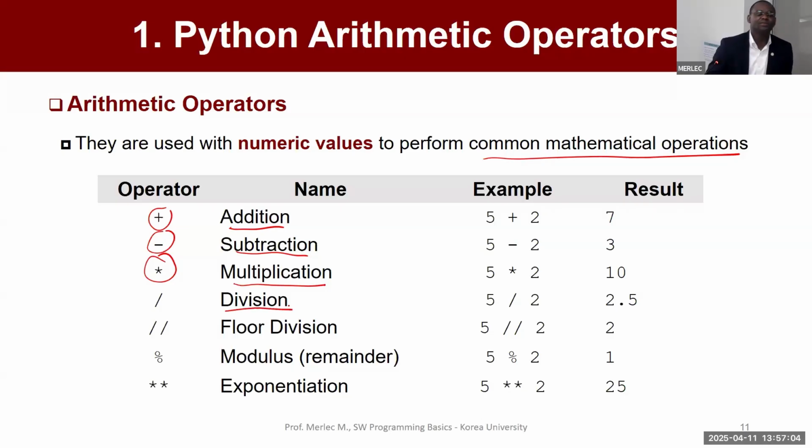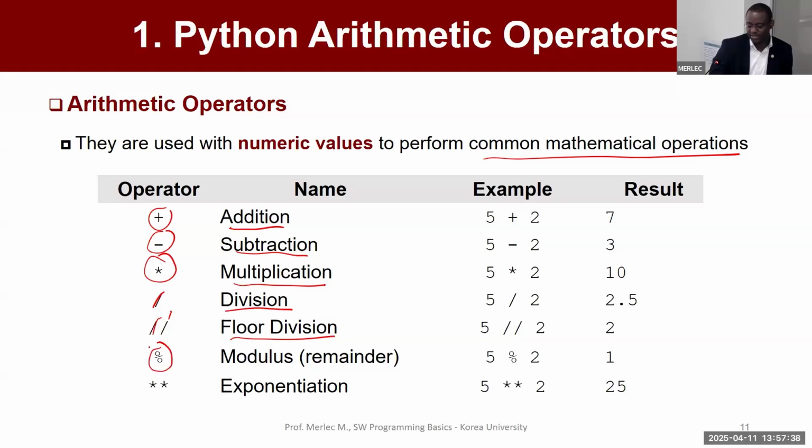For the normal division, we use just the slash. For the floor division, we use slash slash. Floor division means it will only return the entire part of the result without considering the decimal part. So only the integer part will be returned, without giving the decimal part of the result.